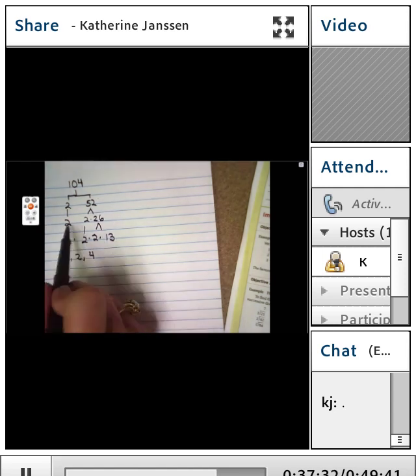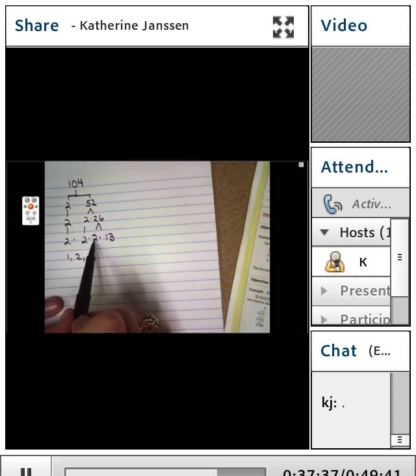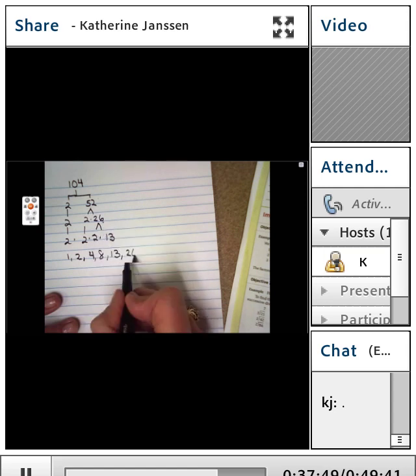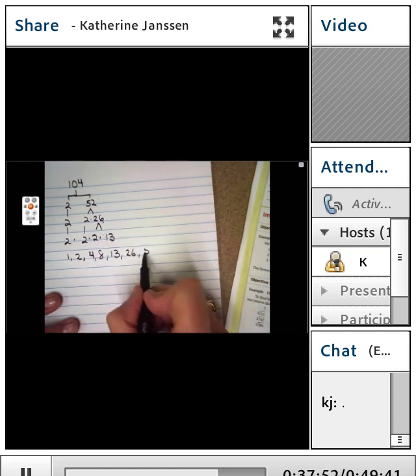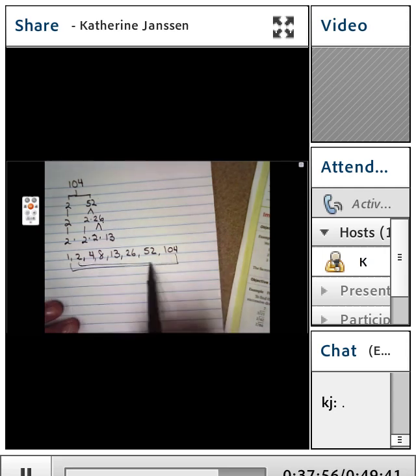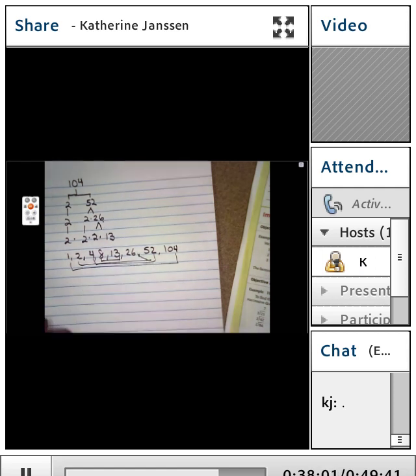This is 4 times 26. 8, 13, 26, 52, and 104. So we're matching up our factor pairs and listing the factors 1, 2, 4, 8, 13, 26, 52, and 104.